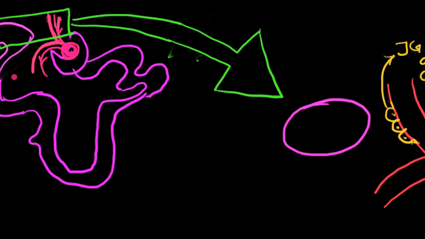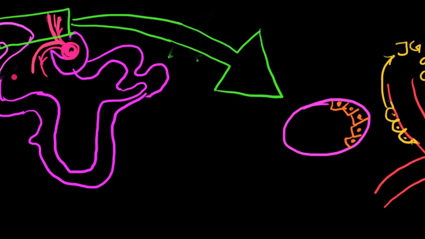Now, the second component we have here is the cells lining the tubule. As you know, it would be lined by columnar epithelium. Now, this columnar epithelium, in the area facing the afferent arteriole, has specialized cells. These become specialized because they sense the sodium chloride present in the tubular fluid.